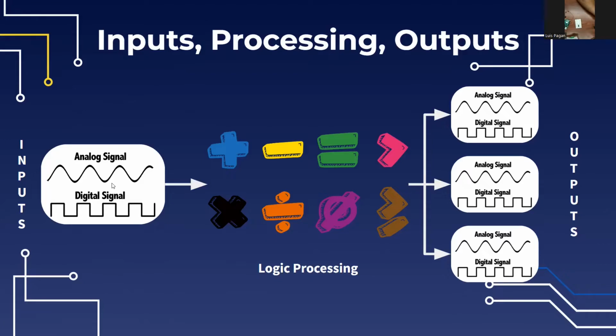So whatever signal you input, you're going to do some kind of processing. So any logic, checking if this value is greater than that, checking for equivalency, whatnot. And basically you're going to set whatever the output is. So let's say I had a button and I pressed it down.